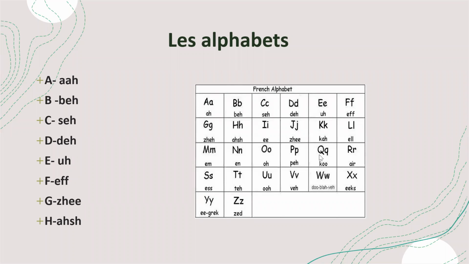For example, my name is Pawan, so I'll speak it like P A W A N. You speak your name like that. It is S E L T A N.